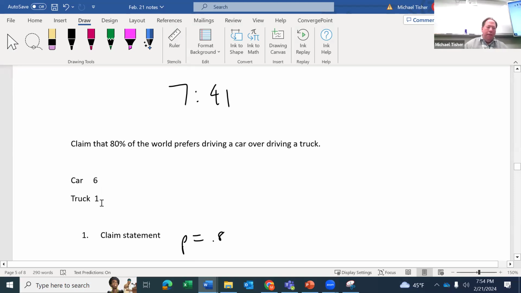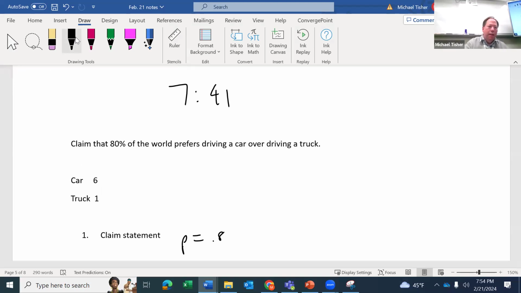So X equals 6, and N is the total of everybody. So N is equal to what? 7. So X is 6 and N is 7. Okay, so the successes is the X.